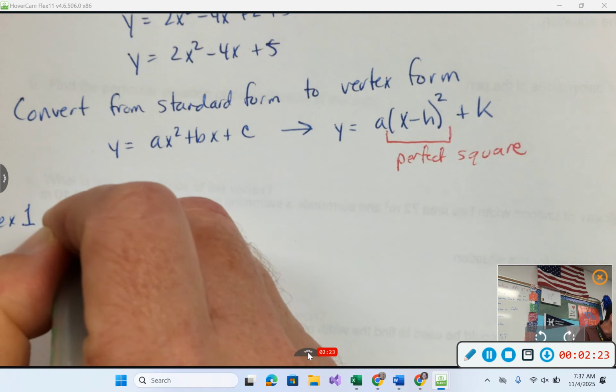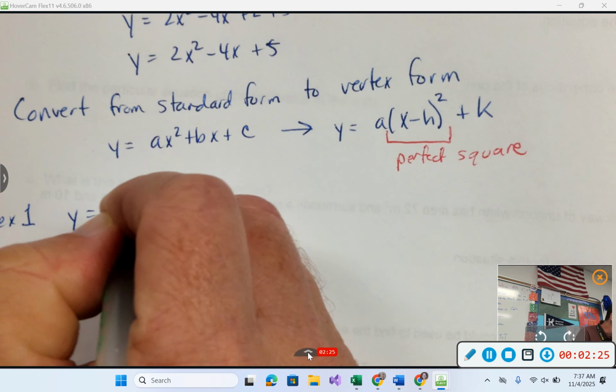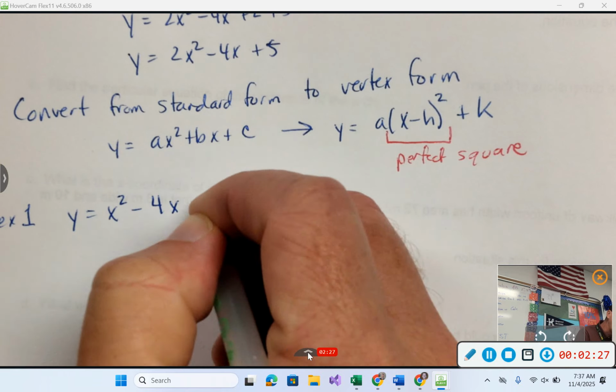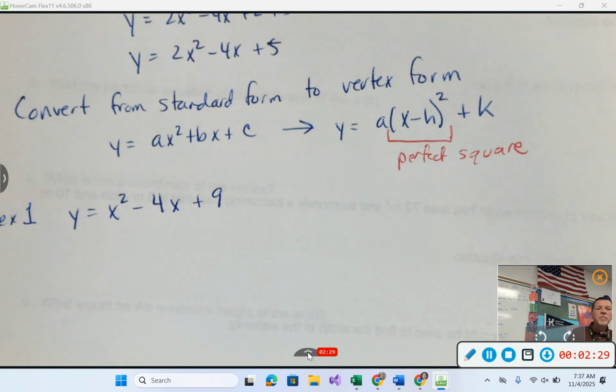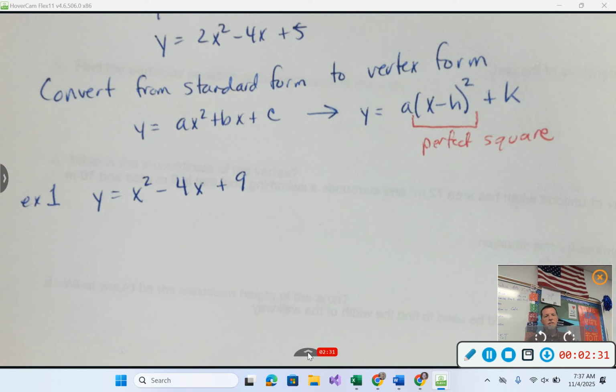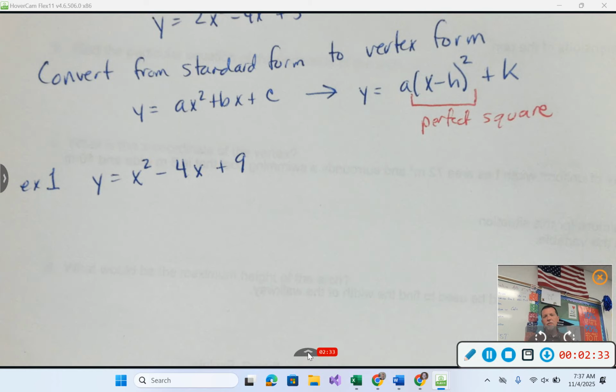So let's do one. We've done this before, we just haven't done it quite like this. Let's start with x squared minus 4x plus 9, and we want to convert that to vertex form.